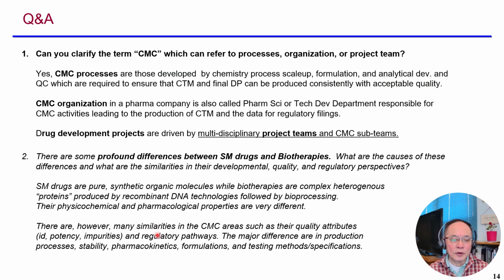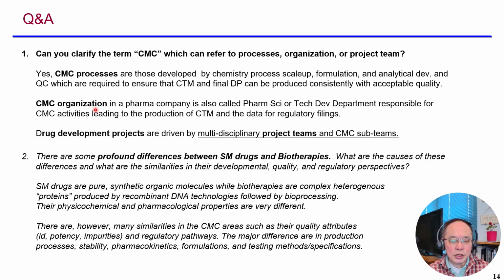Q&A. First one, can you clarify the term CMC, which can be referred to as processes, organization, or project team? Yes, CMC processes are those developed by chemistry process scale-up, formulation and delivery development, and QC, which are required to ensure that the CTM, or clinical trial material, and final drug product can be produced consistently with acceptable quality.